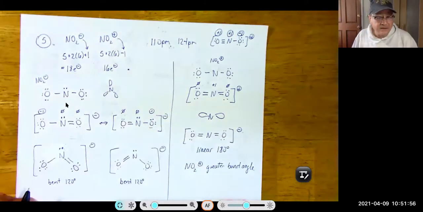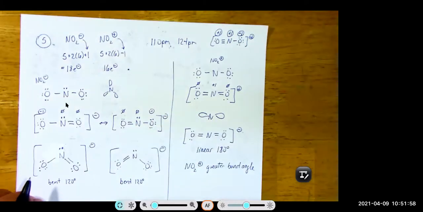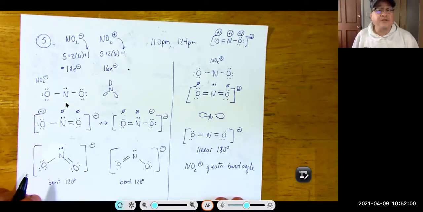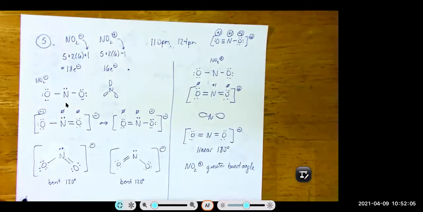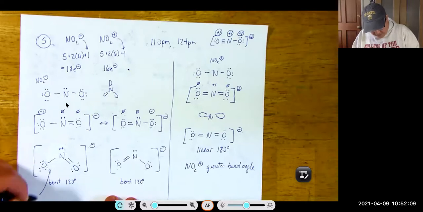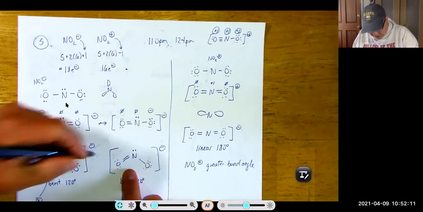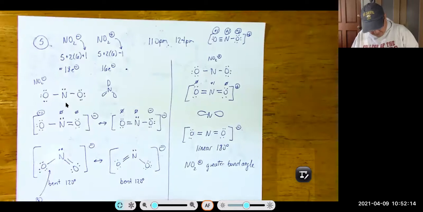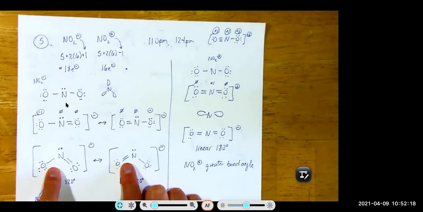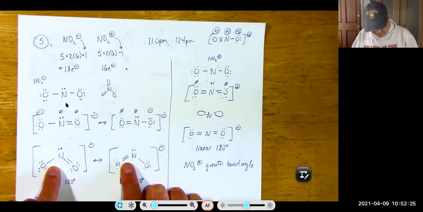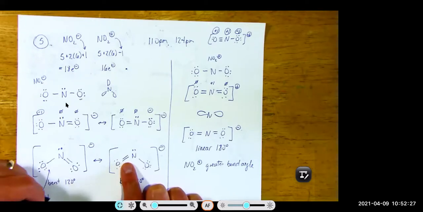Agreed? And then it also asks, which corresponds to which length? One of these is 110 and one's 124. So here, what is the bond order when you average the two structures? It would be 1.5.